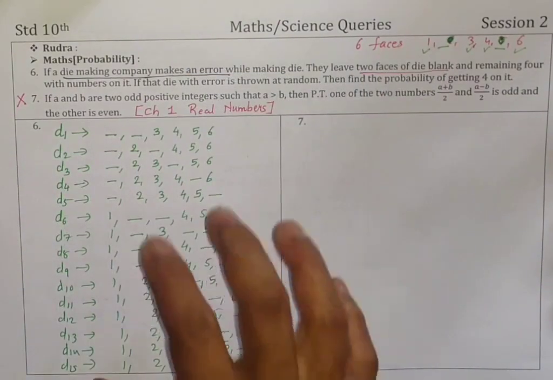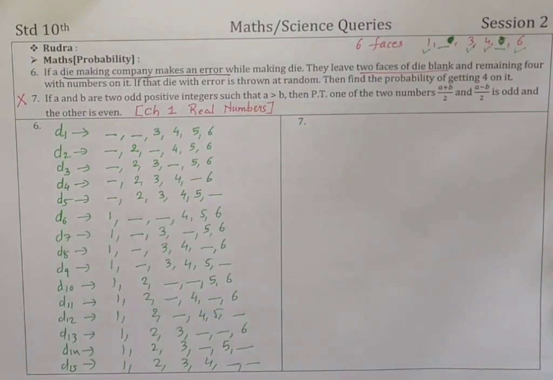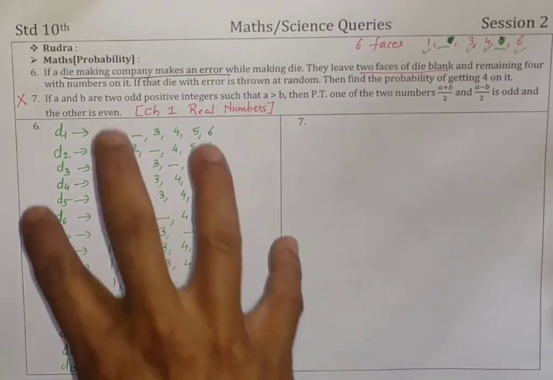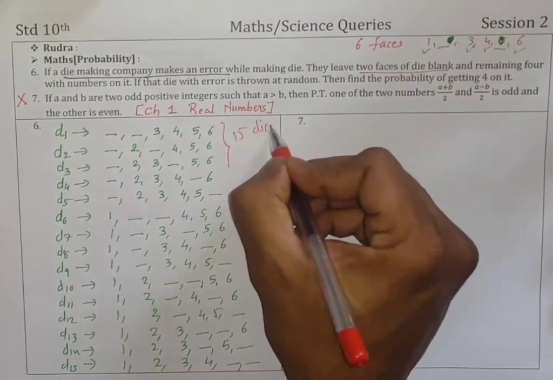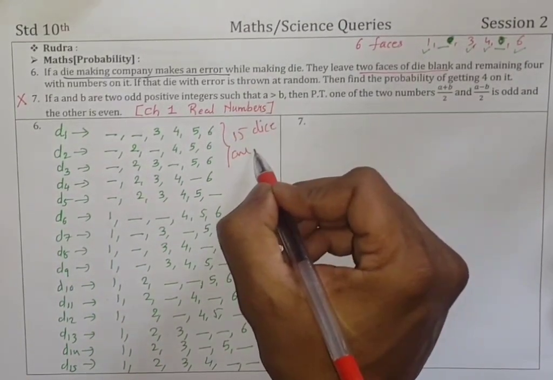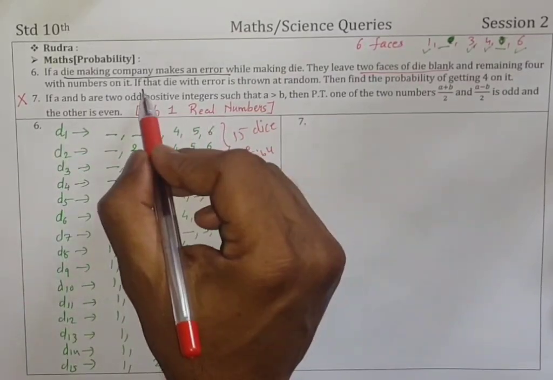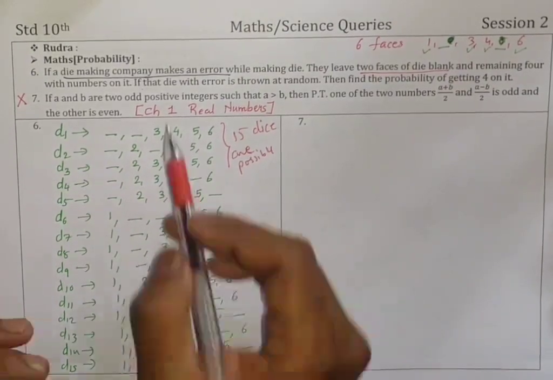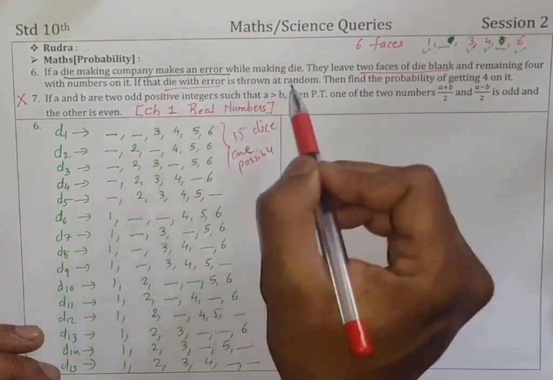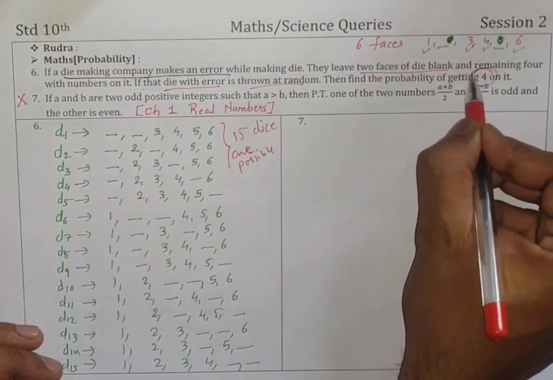सो 15 अलग अलग डाइस बन सकते हैं, क्योंकि हमको मेंशन नहीं किया है कि विच फेसेस आर ब्लैंक एंड विच फेसेस पर व्हाट नंबर्स आर देयर ऑन द रिमेनिंग फेसेस. सो 15 डिफरेंट डाइस आर पॉसिबल, डाई का प्लूरल डाइस. ऑलराइट. अब देखो, इफ दैट डाई, मतलब ये कौन सा डाई है पता नहीं, उसमें से कोई भी एक डाई, इफ दैट डाई विथ एरर इज थ्रोन एट रैंडम, then find the probability of getting 4 on it.